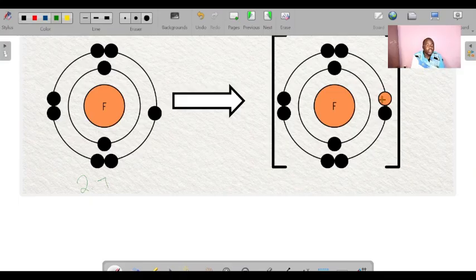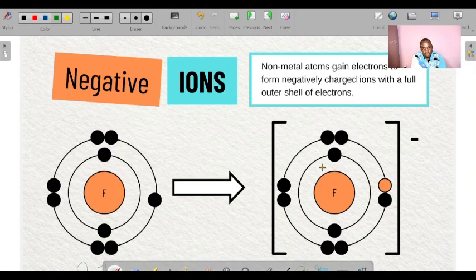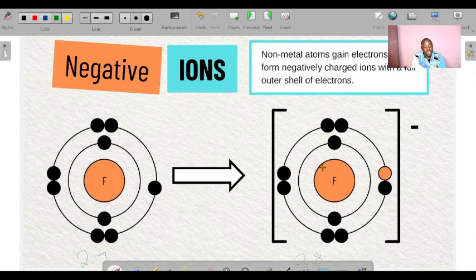But now it has to gain this electron, and it becomes 2.8. So in the process, our fluorine is now stable and becomes a fluoride ion.